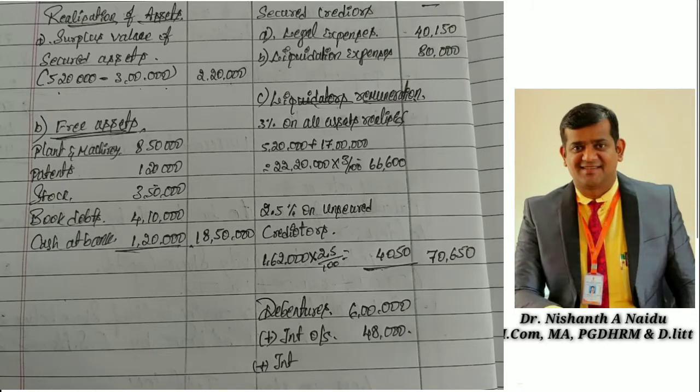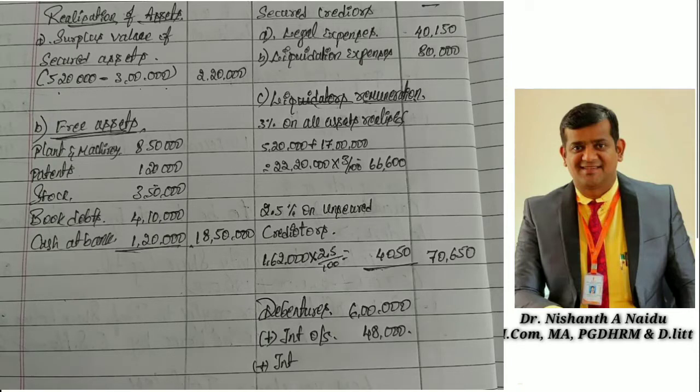The company is going under liquidation on 31st March, correct? The 31st March balance sheet they have given. Now they are going for liquidation, and the payment they are making on 30th June.